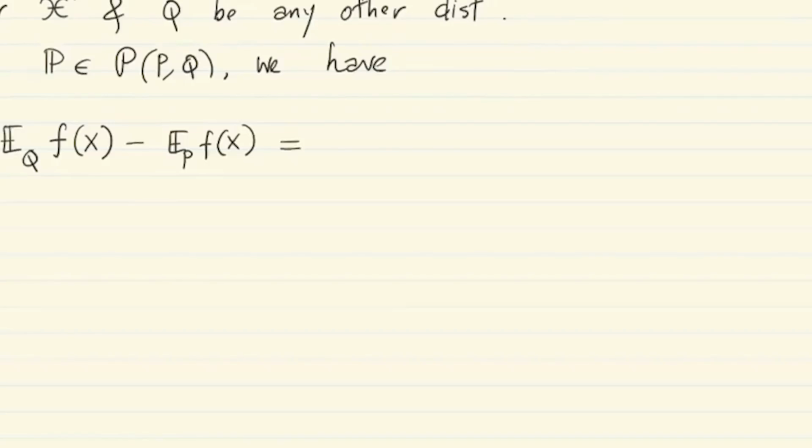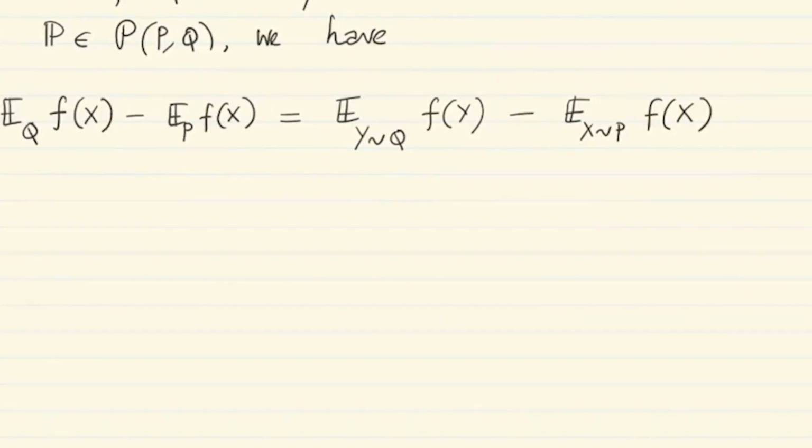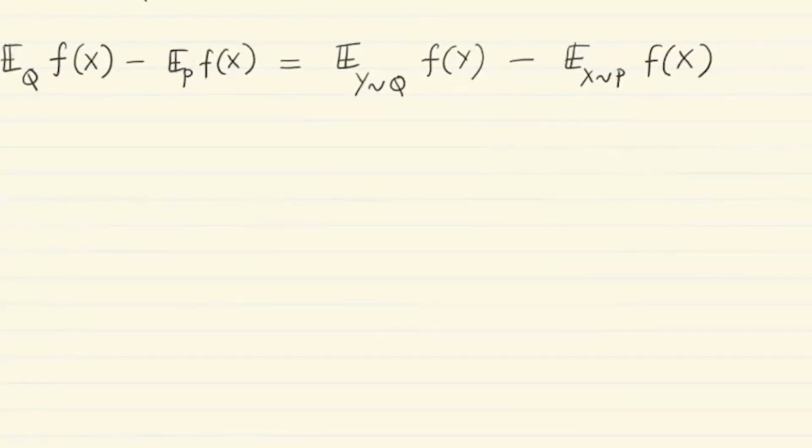So this is the power of the coupling method. You can interpret this as the expected value of f(Y) with Y distributed according to Q, minus the expected value of f(X) with X distributed according to P. Okay, the same random variable's expectation being taken under two different measures, and we can actually now use the coupling, which is boldface P, to write things under a common expectation, the E without any subscripts, which is attached to this P, of f(Y) minus f(X).